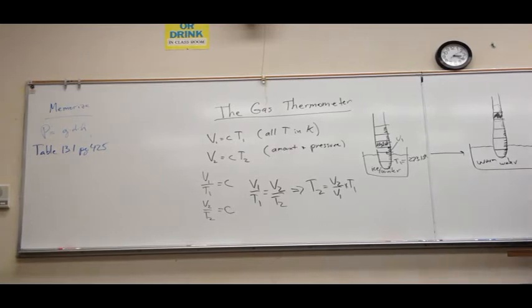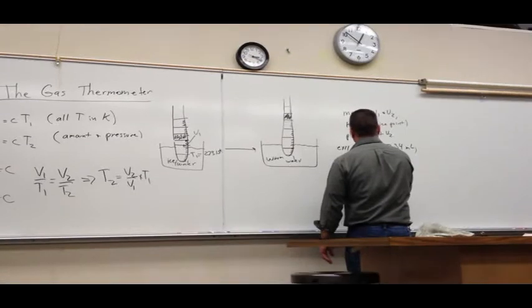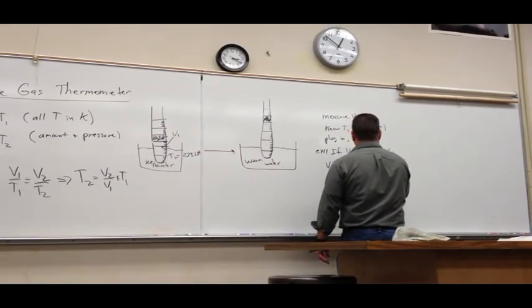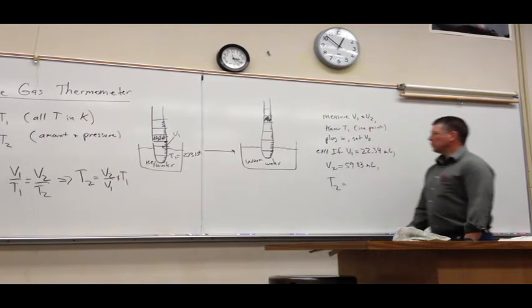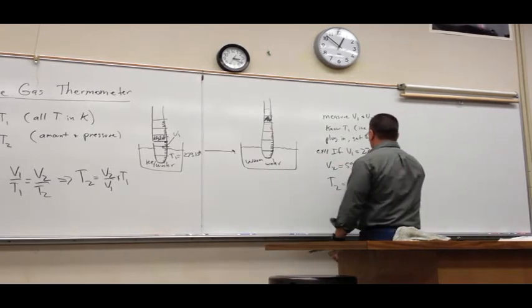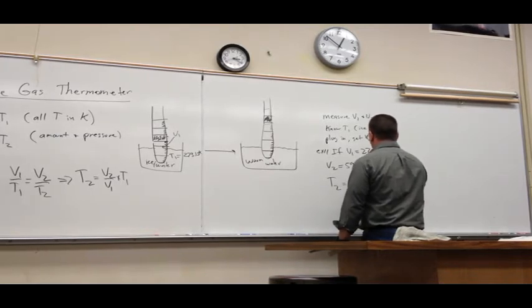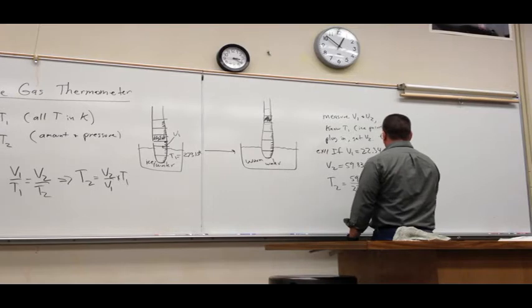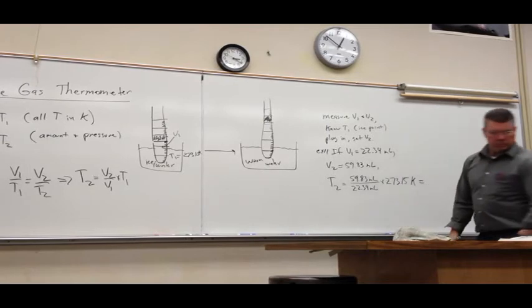For example, let's say that initial volume was 22.34 milliliters. V2 was 59.6. Plugging in there, you get it.